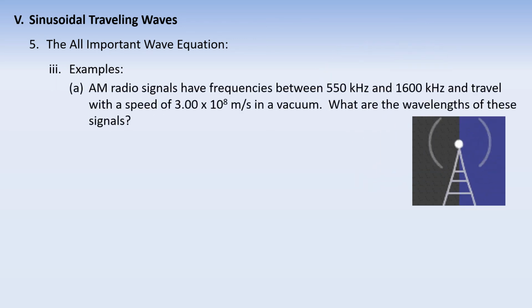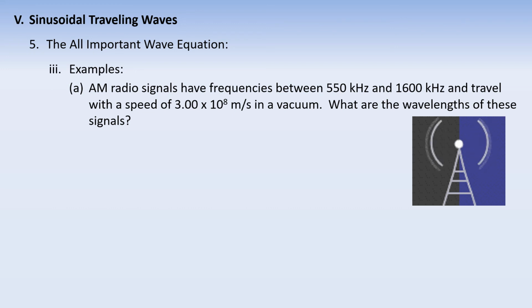Well, in the case of your AM radio, AM radio signals have frequencies between 550 kilohertz and 1600 kilohertz. And as we will see later, all electromagnetic waves traveling in a vacuum travel with a speed of 3 times 10 to the 8th meters per second. We're asked to find the wavelengths of these signals.